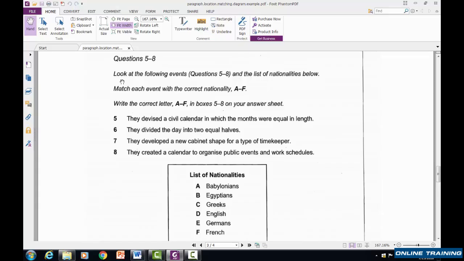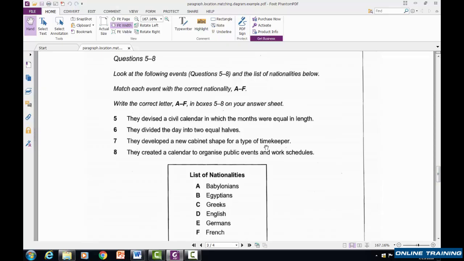All right, understand? For you to use a letter more than once, it has to explicitly say you have permission and the ability to do so. That's what that means, and that's how we have to interpret that.